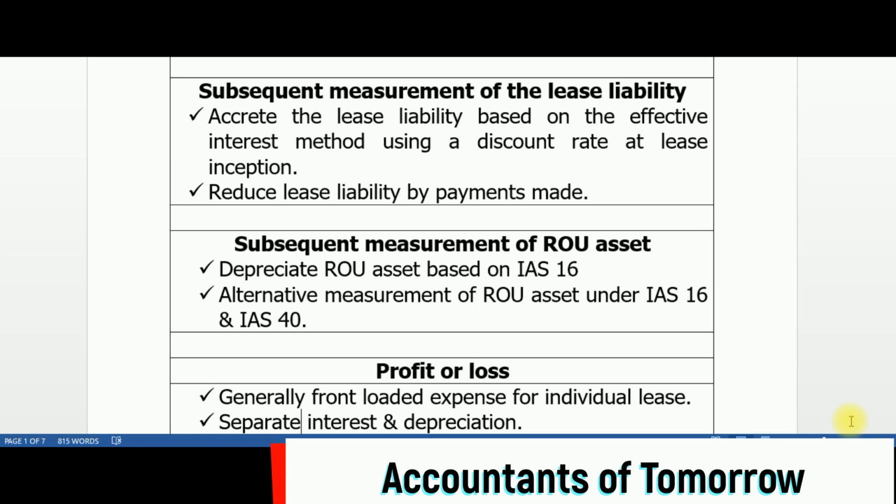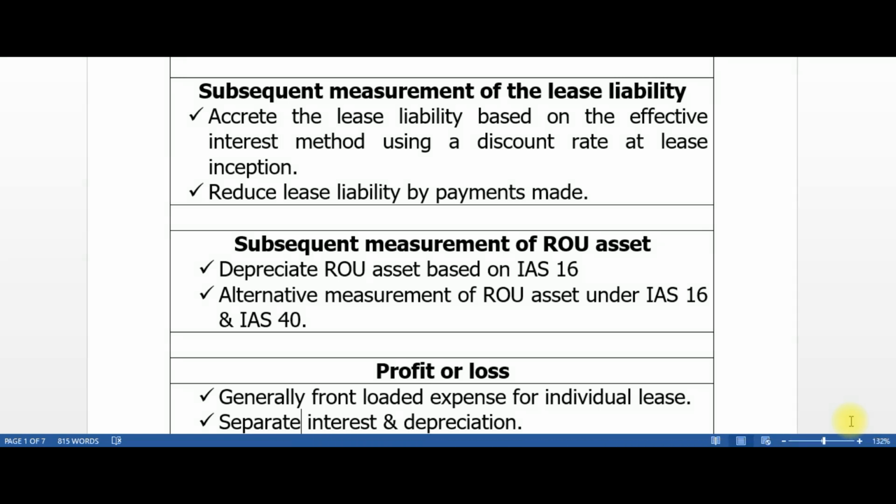Now, how do we depreciate the right of use asset according to IFRS 16? In fact, under IFRS 16, the same rule in the old standard IAS 17 still applies when it comes to depreciating the right of use asset. What was the rule?